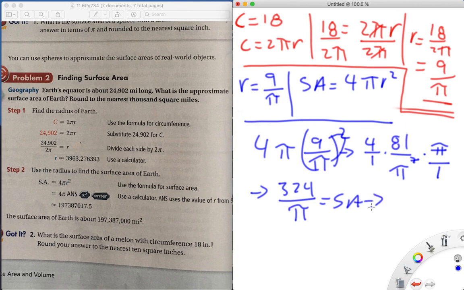So if I divide that by pi, I get 103. But they want that to the nearest tens place, so it's going to be 100 square inches.